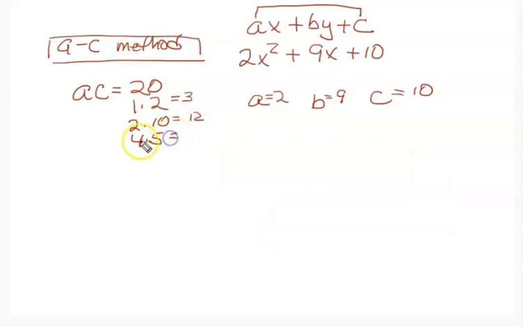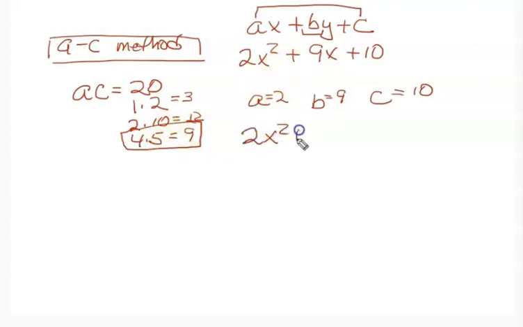And this would be a 9. Now, when you multiply these factors together, which combination of the factors gives you your B term? And it looks like this one right here. They didn't give us too hard a one for this to illustrate this. So that's 9.